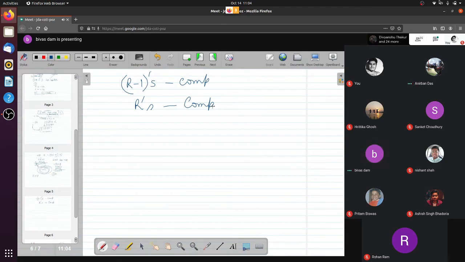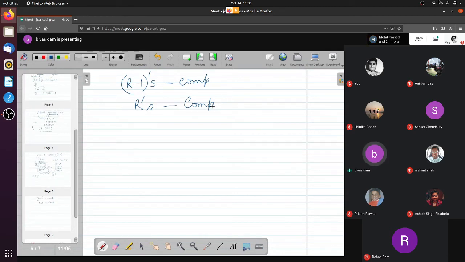Fine. Now, to find one particular sign number system which shall enable us to realize the subtraction operation using the addition scheme, I have to go for some other type of number system, and that is the R-1's complement number system and R's complement number system, where R is the radix of the number system.